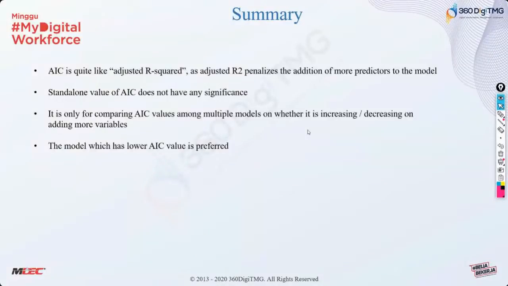The Akaike information criterion does not have any significance if you are looking at a single value. We will only use AIC to decide which model is better, the model which has a different set of features. We iteratively, repeatedly try this, and we pick the model which has the least AIC. Of course, it has to satisfy the model requirements. Right, so this is your summary.